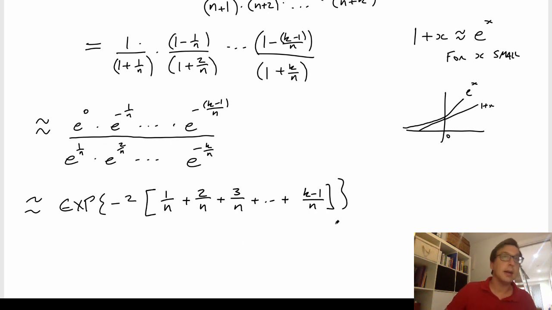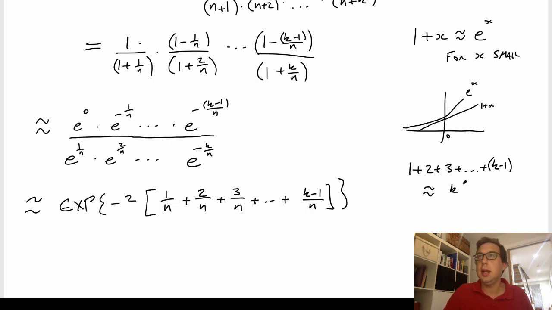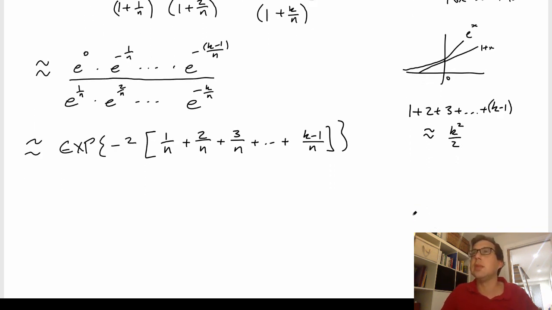Now what I've got here is the sum of numbers from 1 up to k minus 1. So I sum up 1 plus 2 plus 3 all the way up to k, or k minus 1 in this case. Notice that this is approximately equal to k squared divided by 2. Why is that? Well, this is a similar Gaussian argument from before.